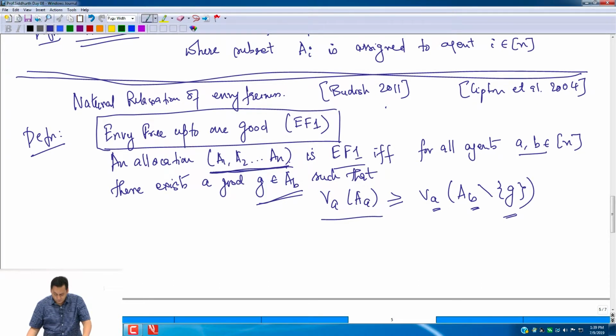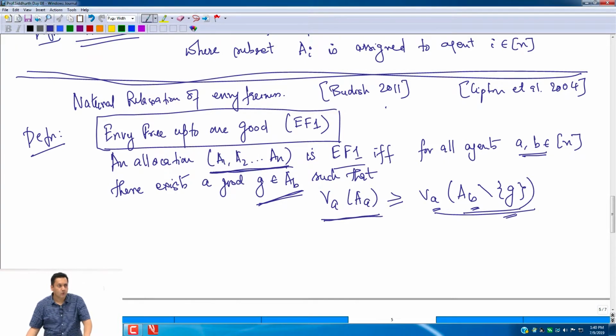Such an allocation is deemed fair under the EF1 definition if and only if the following condition holds: if I look at any pair of agents A and B, then there is a good g in the second agent's bundle, i.e. in A_B, such that if I remove this good from consideration, so instead of looking at A_B, I am looking at a set where this good has been removed, then A values its own allocated subset A_A more than this modified subset.